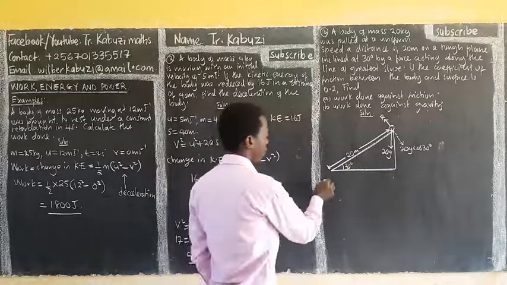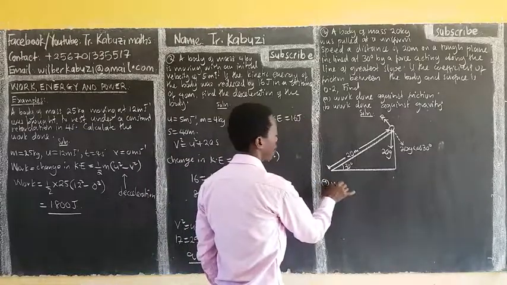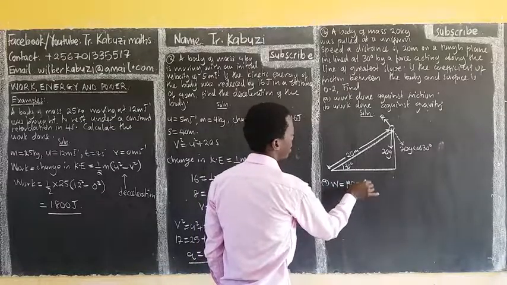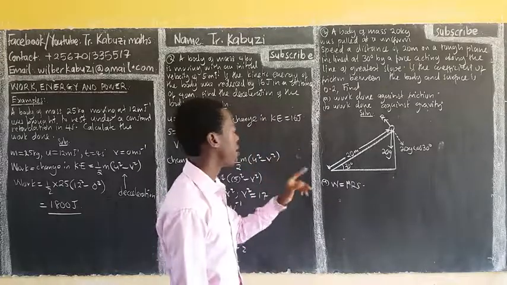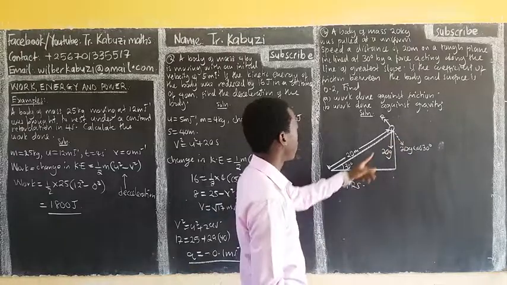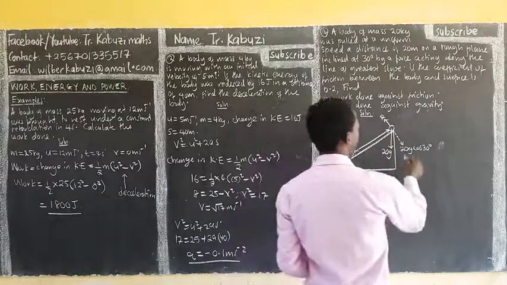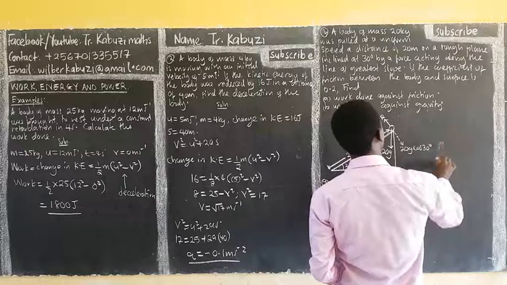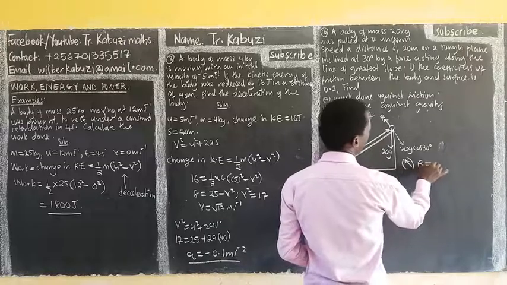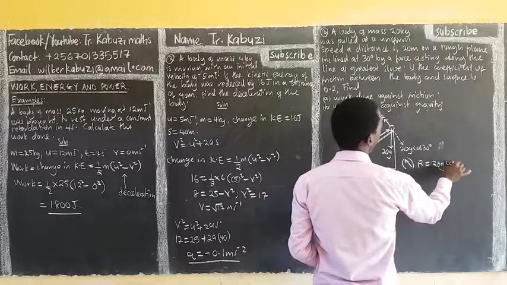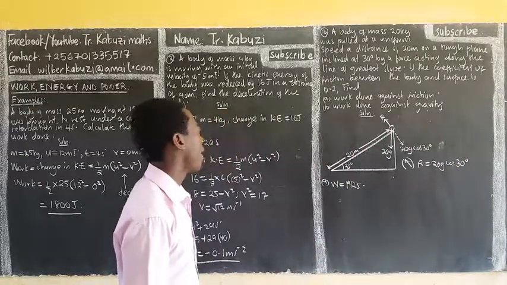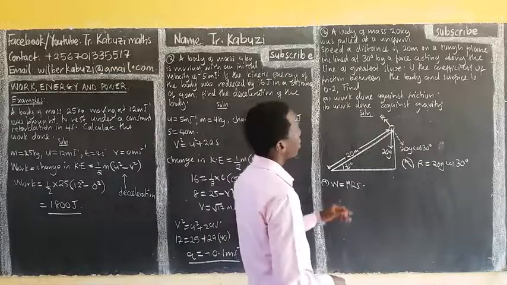Know that work done against friction, part A, is given by mu R, then the distance moved. Now here be careful. The distance moved was from here up to here. Then we need the R. If you resolve the perpendicular plane, our R is going to be 20 cos 30 degrees. As simple as that. So you have R, they give us mu.